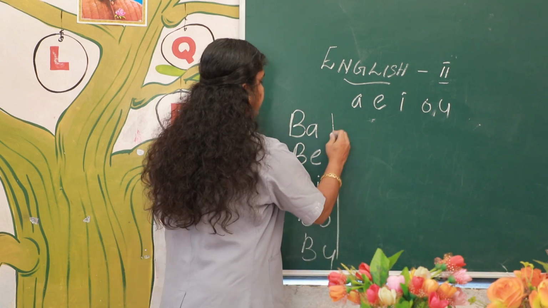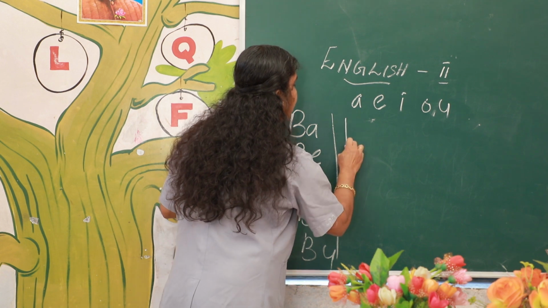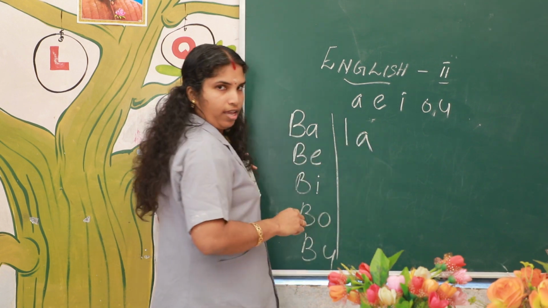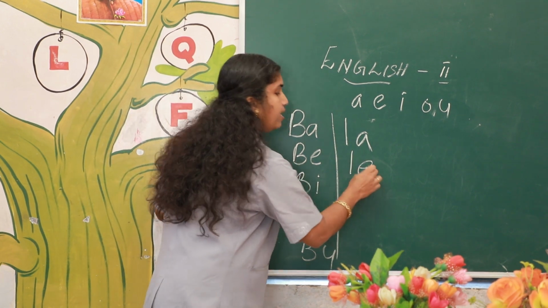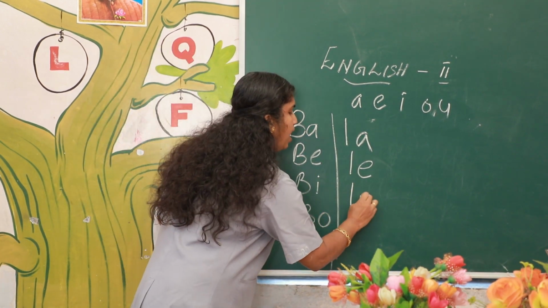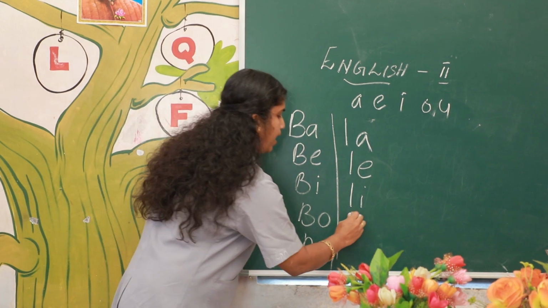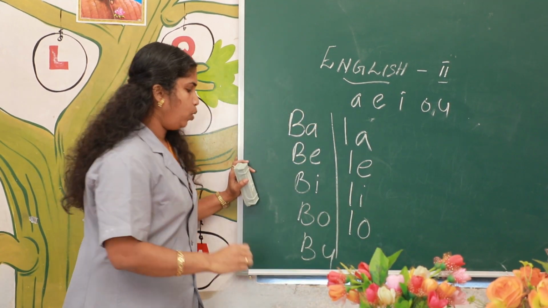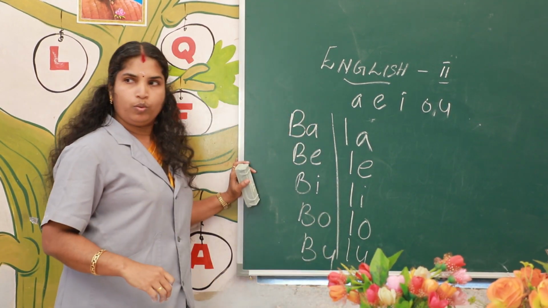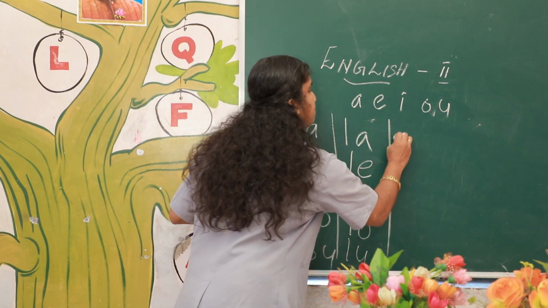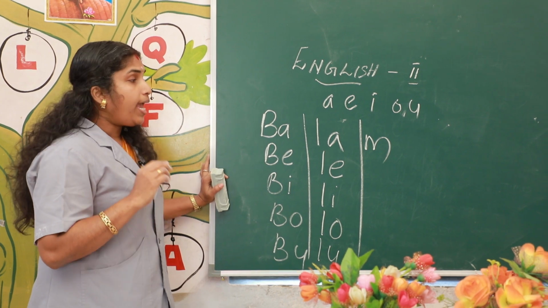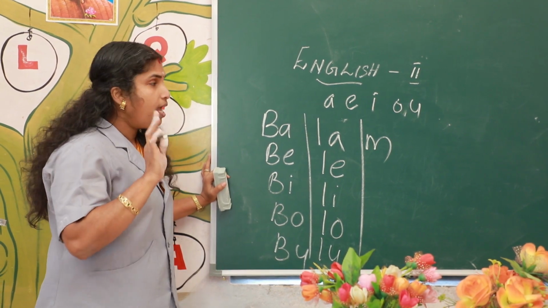We write another letter. L. L-A. How to read it? La. L-E, lay. L-I, lee. L-O, low. L-U, lu. Next letter. M. M-A. How to say? Ma.